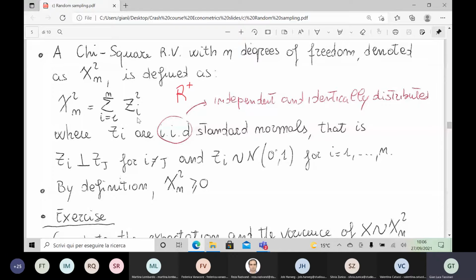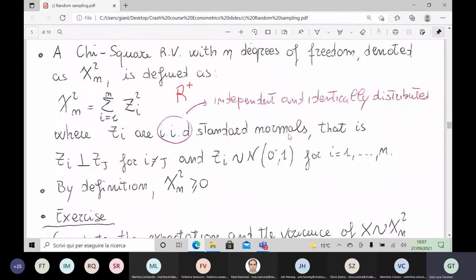So read with me. I wrote where capital zeta i, for i that goes from 1 to n, are IID. This means independent and identically distributed random variables. In particular, the zeta i are independent and identically distributed standard normal random variables.